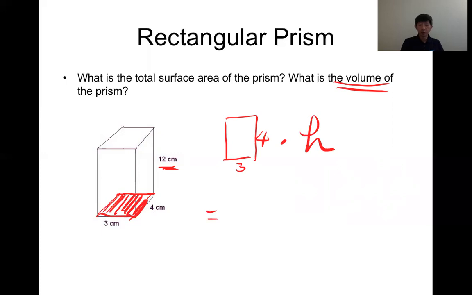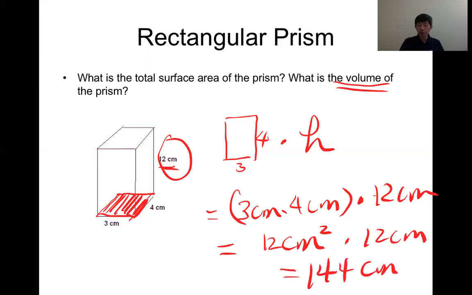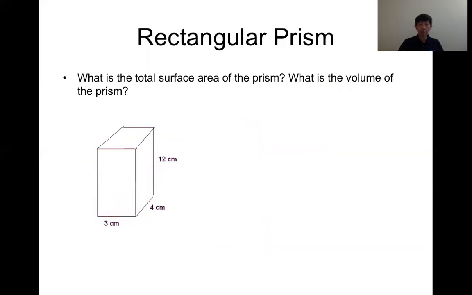So we have 3 centimeter, times 4 centimeter, times the height. Height would be 12 centimeter. So therefore, we have 12 centimeter square times 12 centimeter. So therefore, 144 centimeter cube, right? Centimeter cube means we fill in all of them inside. Okay, that is the volume of a rectangular prism.